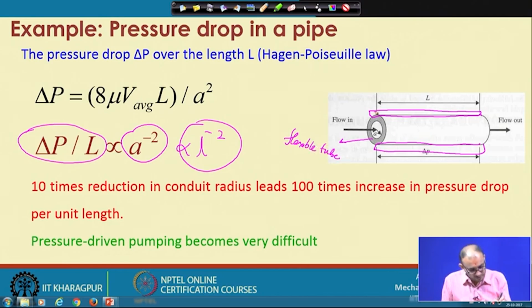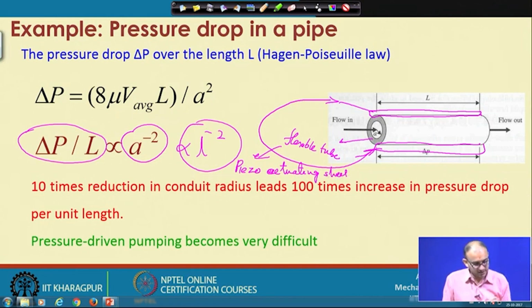When these piezo actuating sheets are actuated, they will create a type of wave, a type of pressing here.